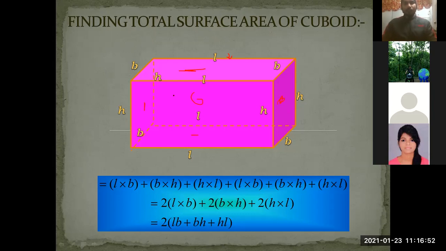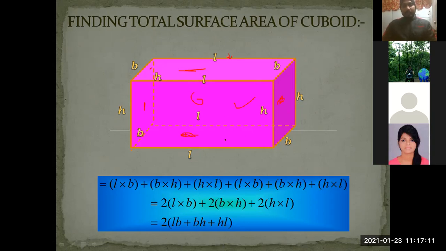To find the total surface area, we need to find the area of all six walls. The area of the front wall is length into breadth, and the floor is also length into breadth.